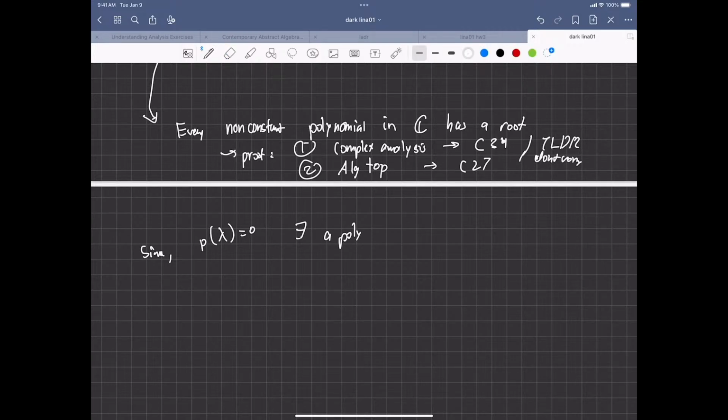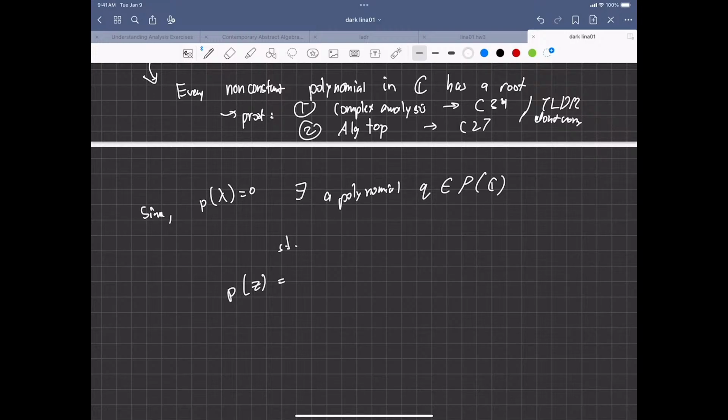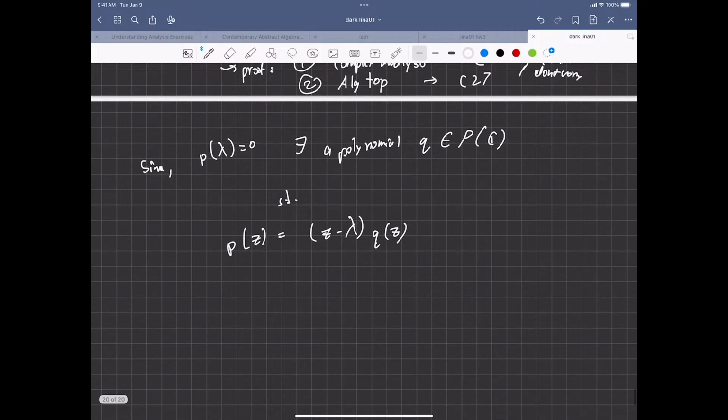There exists a polynomial Q such that P is equal to, so we factorize it basically. We can factorize out a root. So we factorize the polynomial P.